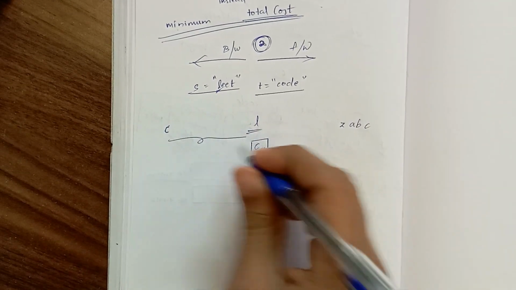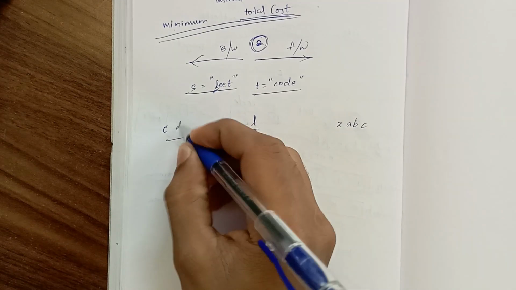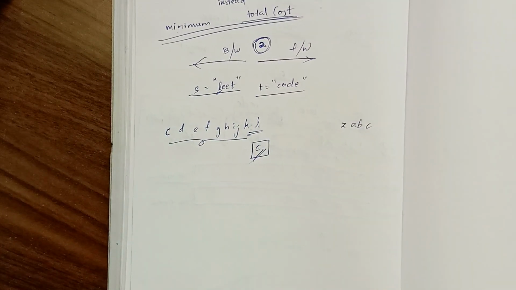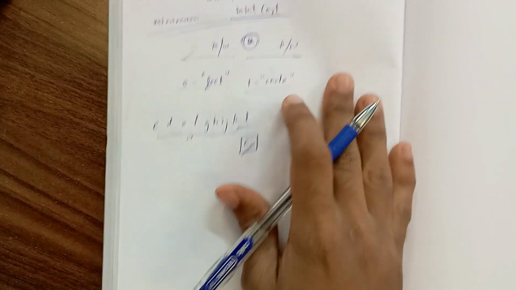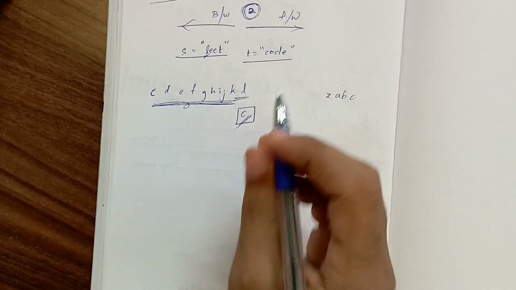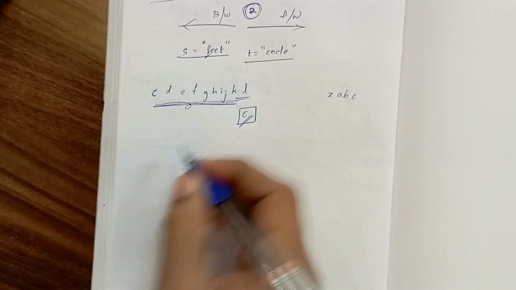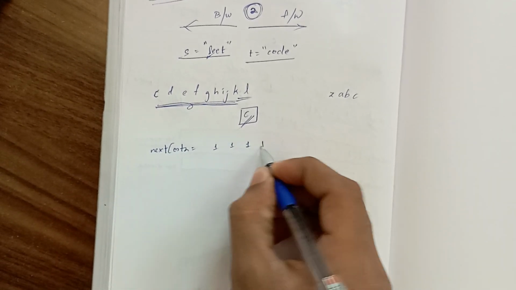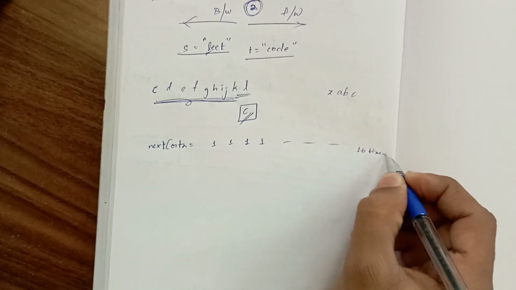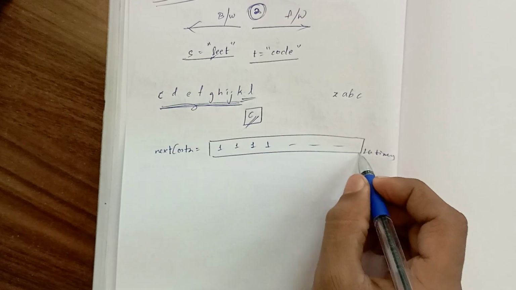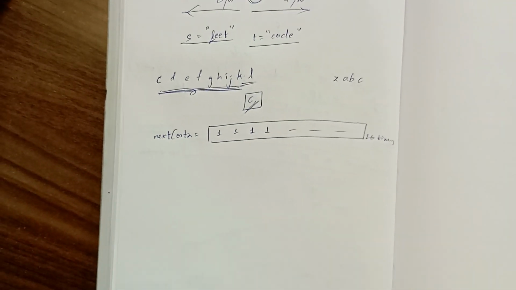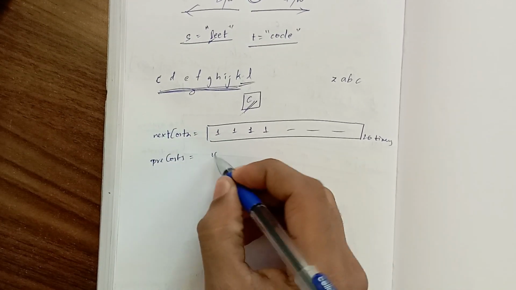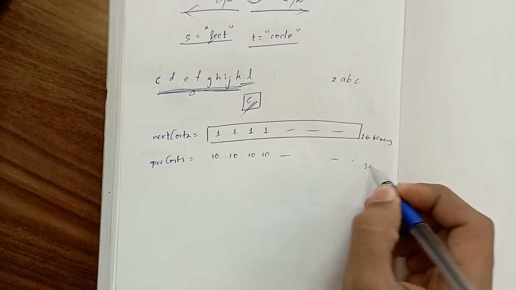Let me write all those middle characters: C, D, E, F, G, H, I, J, K, L. Before counting these characters, let me tell you the next costs given in the array are 1, 1, 1 for 26 times. The next costs are given for every letter, and previous costs we are given 10, 10, 10, 10, and so on for 26 times.